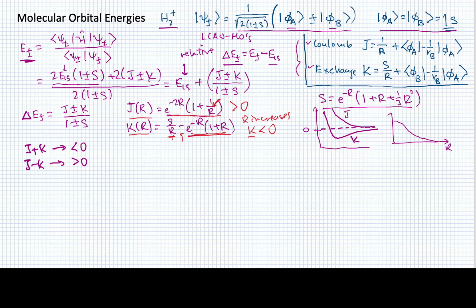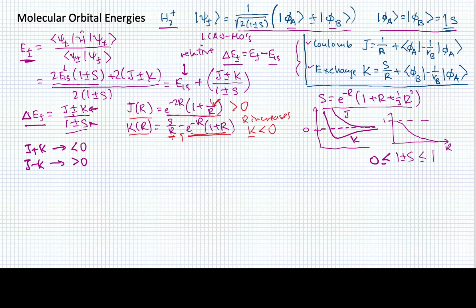So, in fact, when we draw these things, remember we've got E plus or minus is j plus or minus k in the numerator divided by 1 plus or minus s. Well, s is always less than or equal to 1, so 1 plus or minus s is generally speaking going to be less than 1, but it's going to be greater than 0. So in this case we have a positive number in the denominator and a number in the numerator that can either be positive or negative.